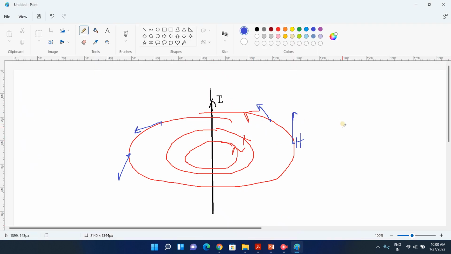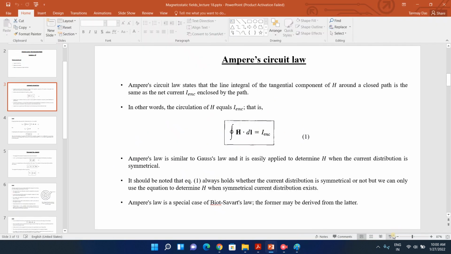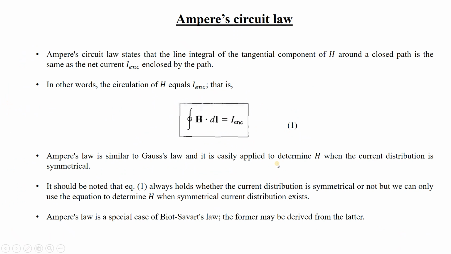That means it equals the current I, because H is proportional to I. The more the current, the more the magnetic field intensity.